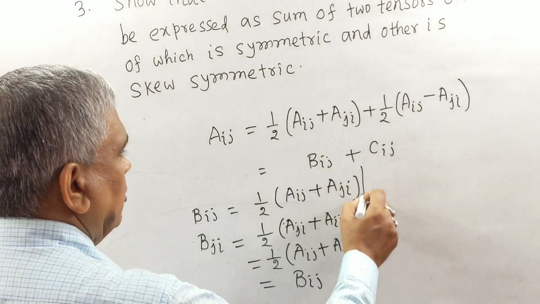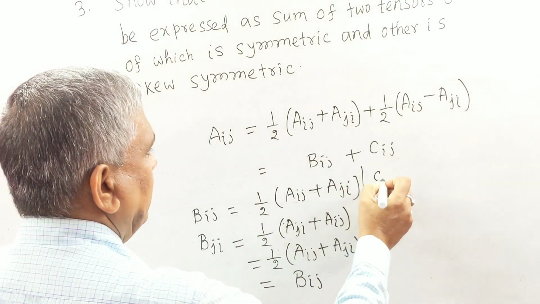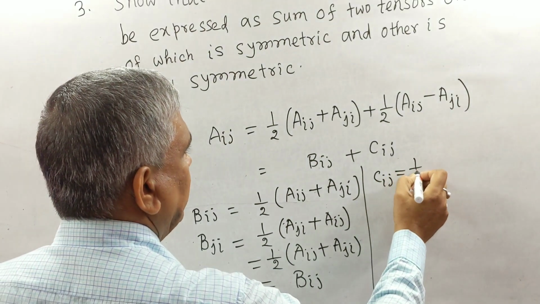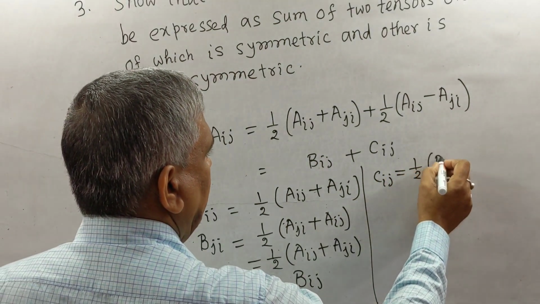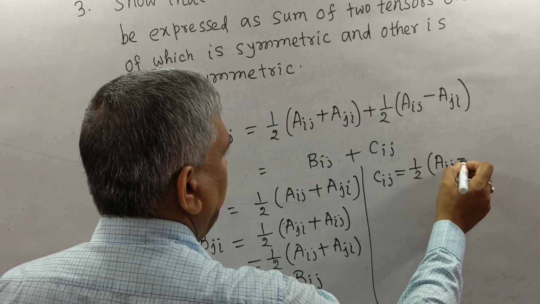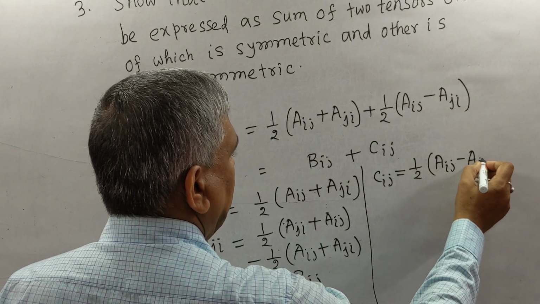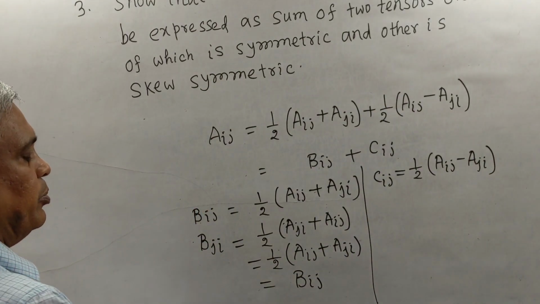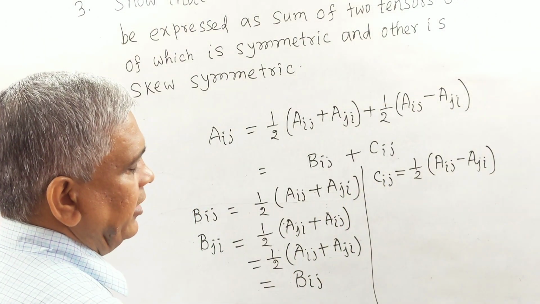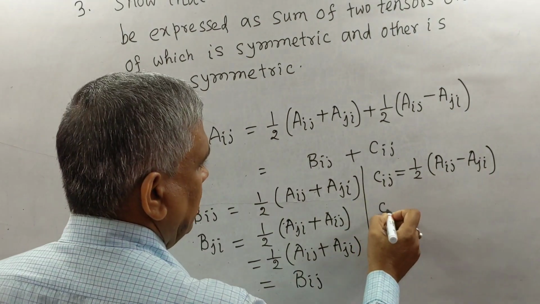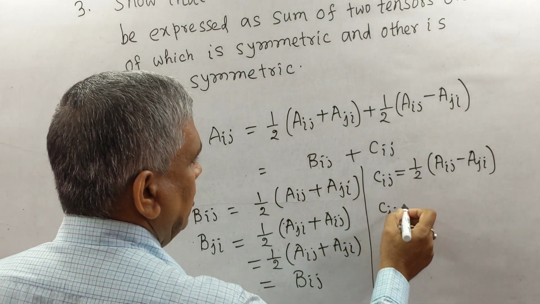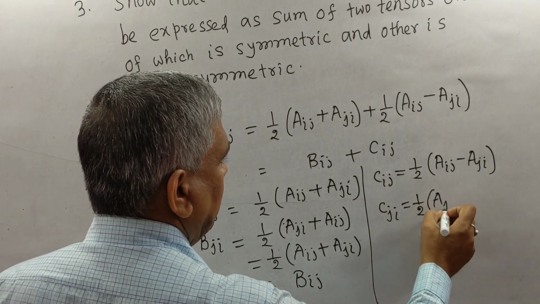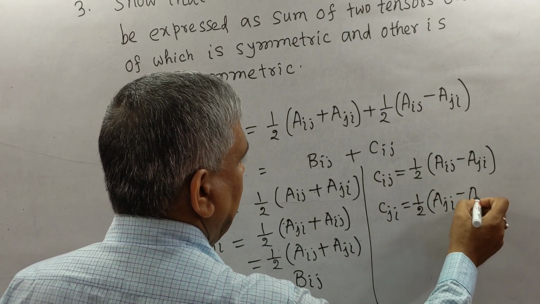Now, Cij equal to half of Aij minus Aji. Interchanging suffixes i and j on both sides, we get Cji equal to half of Aji minus Aij.